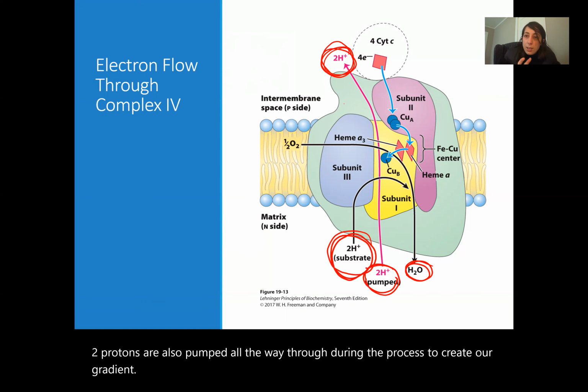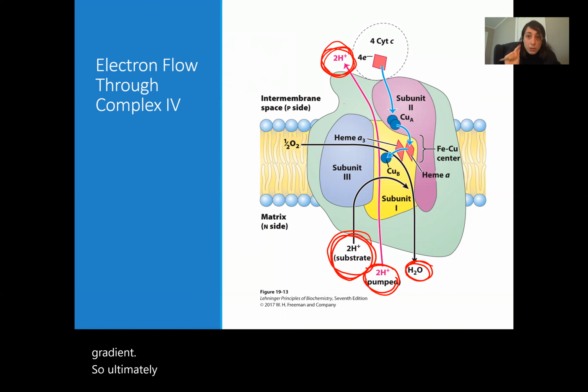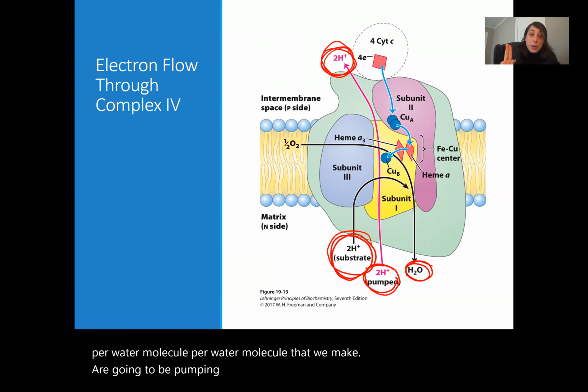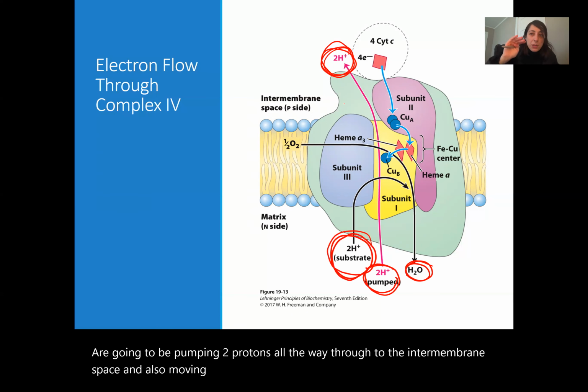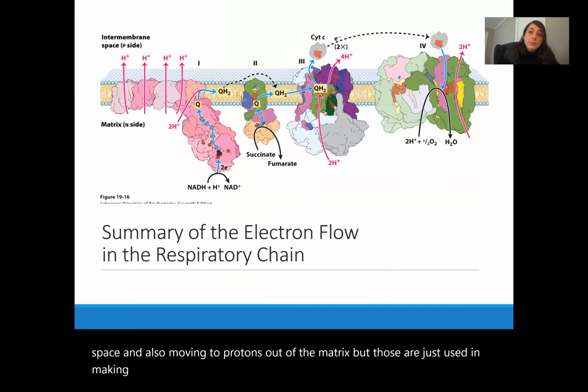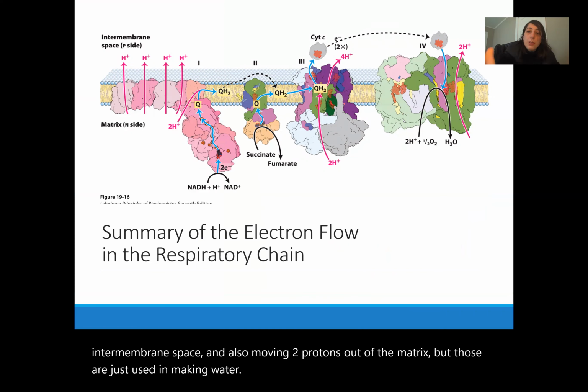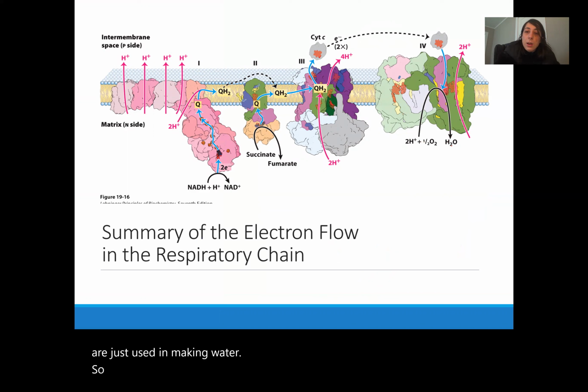So ultimately, per water molecule that we make, we're going to be pumping 2 protons all the way through to the intermembrane space, and also moving 2 protons out of the matrix, but those are just used in making water. So again, per 1 water molecule that is made, we pump 2 protons out, and we also use 2 protons to make the water.